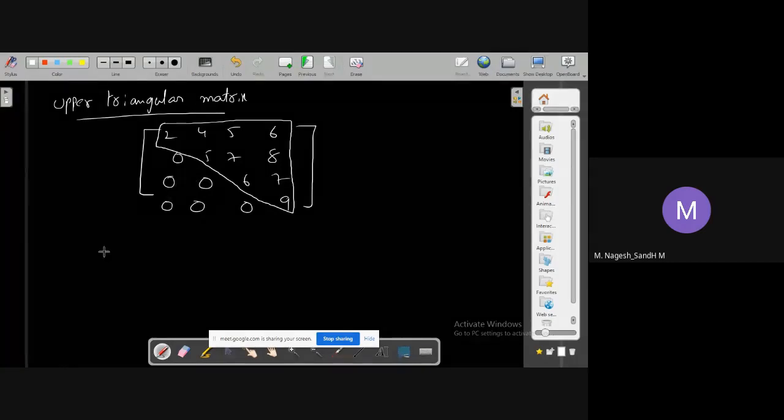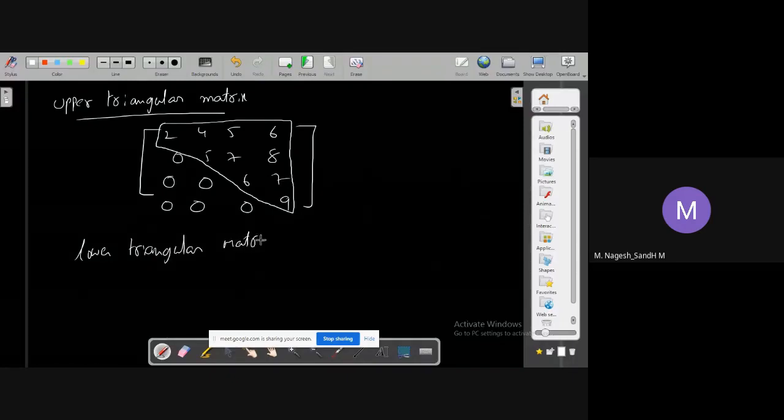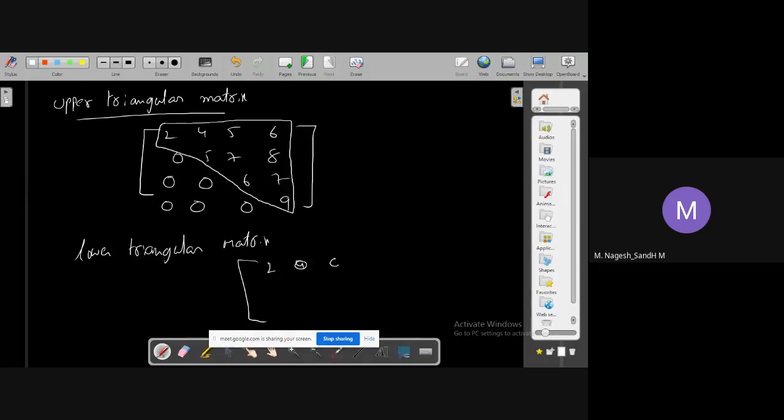In the same way, when you come to the lower triangular matrix, take the same example. First we'll write the diagonal: 2, 5, 7, 10. 2 0 0, 0 5 0, 0 0 7.